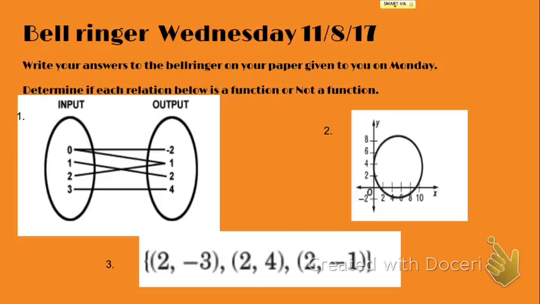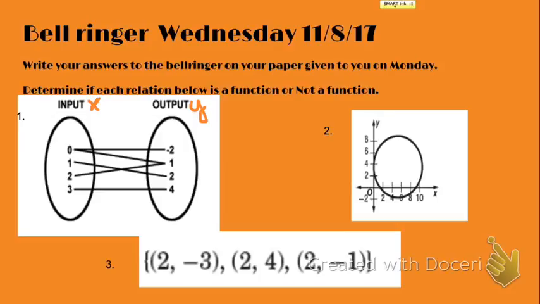Well, number one, if you look at your input, which is also known as your x, and your output is your y. If you look at your x and you notice that all of your inputs are different, let's see, they're all different. Because this is a mapping, we're going to make sure that each input goes to only one output.